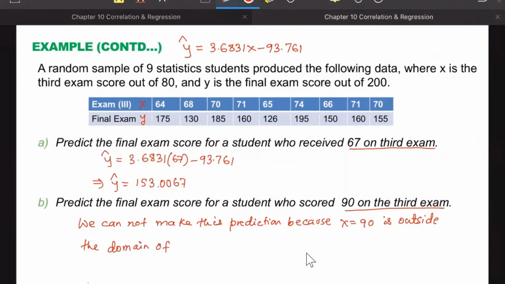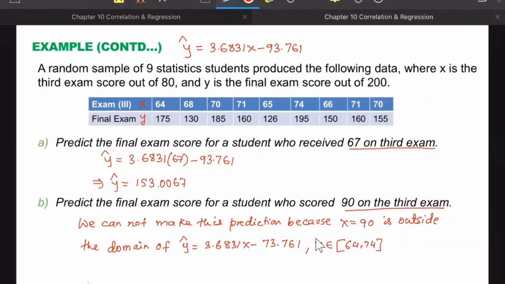Outside the domain of y hat equal to 3.6831x minus 93.761. Because for this, x is only in between 64 and 74. Minimum is 64 and maximum is 74. So what I wrote here is x lies in the interval from 64 up to 74. So you cannot make the prediction.